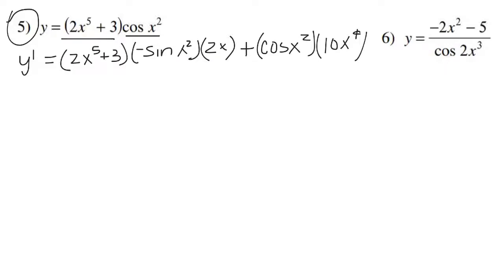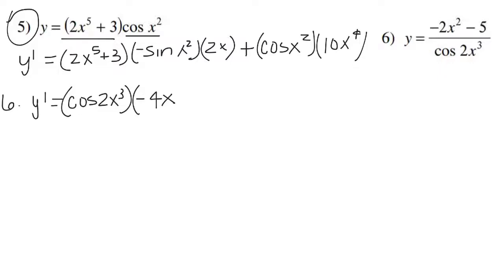Is that okay? Questions? All right, so number 6, we're going to have to do the quotient rule. So y prime equals, let's see, quotient rule was the bottom, which is cosine of 2x cubed. Okay, so bottom times the derivative of the top. What's the derivative of the top? Negative, looks like 4x. Is that right? Yeah.